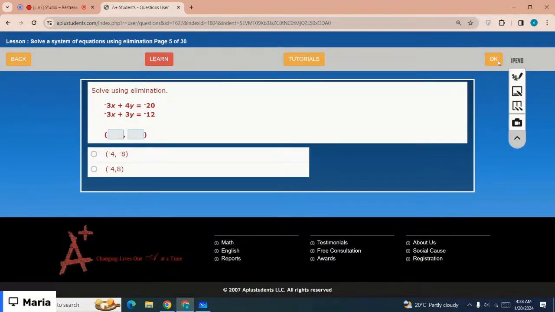Negative 3x plus 4y equals negative 20. And the other equation is negative 3x plus 3y equals negative 12. So which is the correct option?